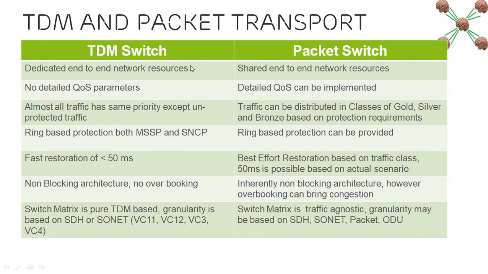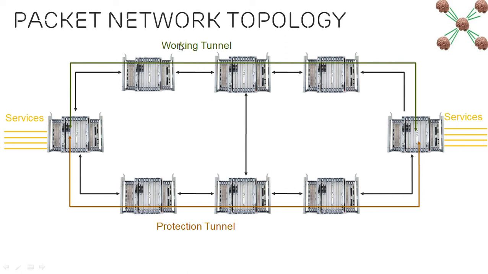This is the working tunnel and this is the protection tunnel. Now whenever you add any new service and ask it to take this tunnel, this service will be established between these two points automatically because the tunnel is between these two points.